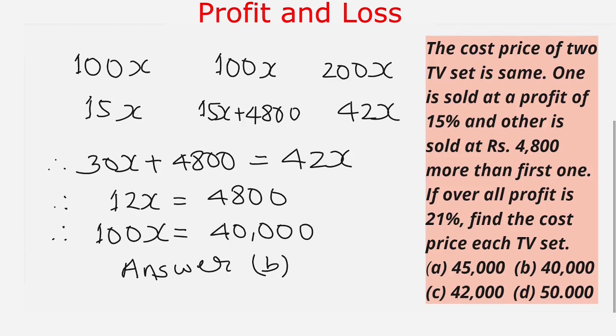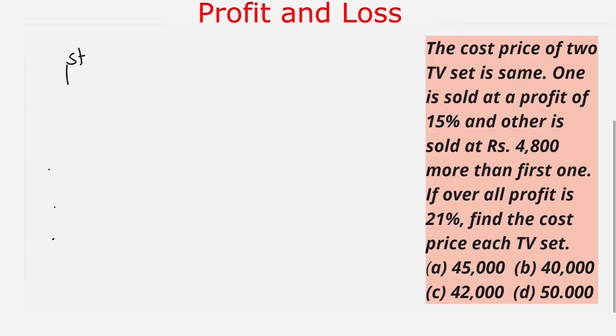We can solve this question even without involving the assumption of x. I will show you how to solve this question without involving x. The first TV set has 15% profit. The second has 15% plus 4,800, and overall profit is 21%.